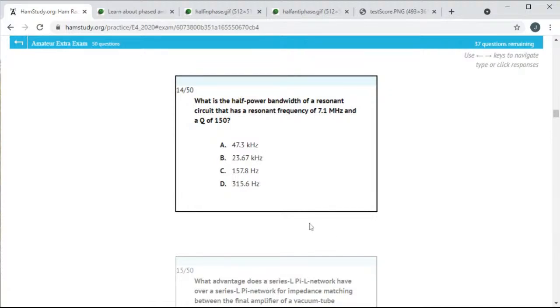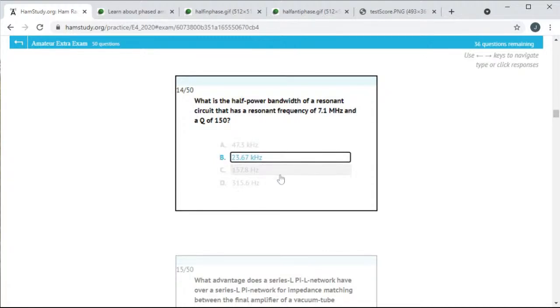Both of them have been studying and looking at the Q of antennas and circuits. And I am just gonna guess. Yeah, I'm gonna guess that one. B, 23.67.